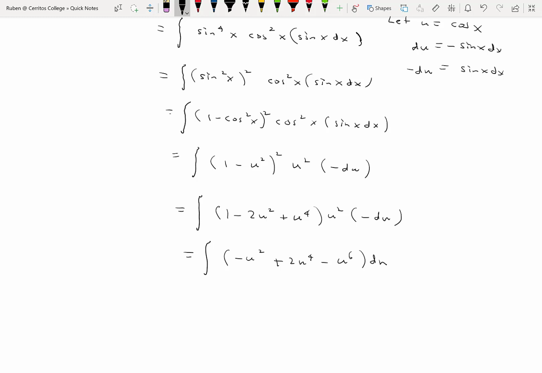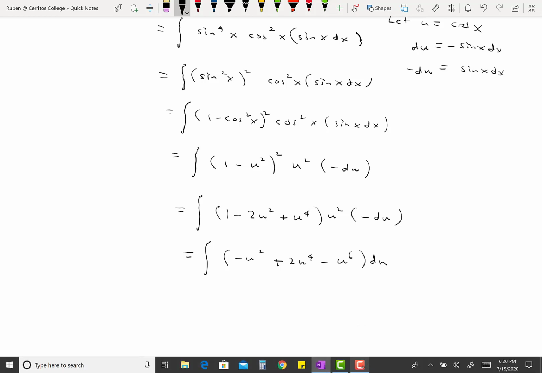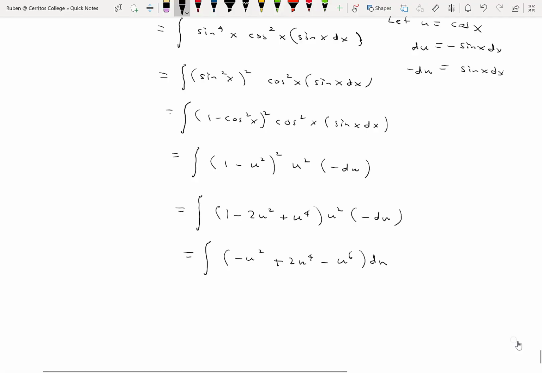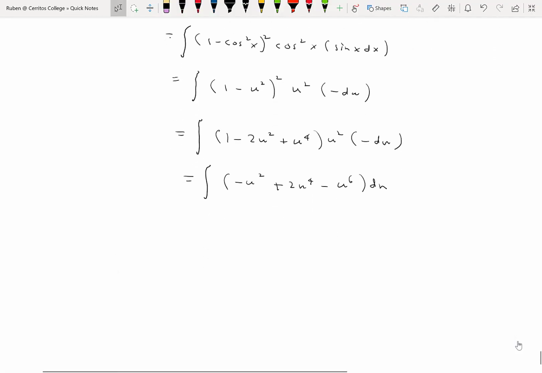I'm just double checking to make sure that's okay. It looks just fine. So the resulting integral becomes, we're just integrating powers, -1/3 u cubed, plus 2/5 u to the fifth power, minus 1/7 u to the seventh power, plus a constant.